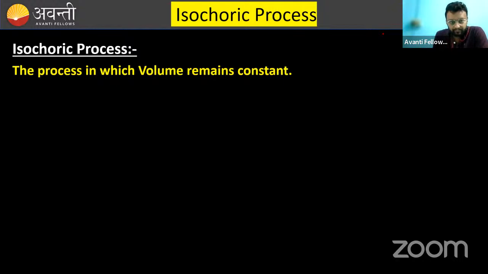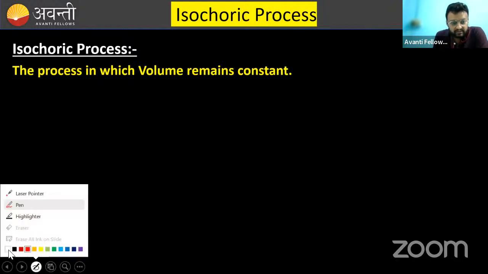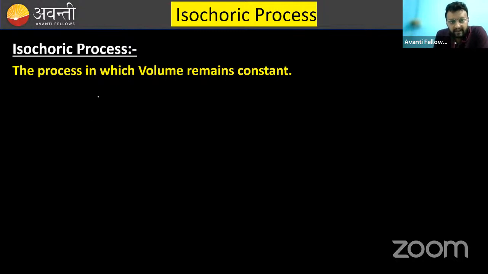If I say that for an isochoric process for an ideal gas, PV is equal to nRT. Here V is constant, and n and R are also constant.